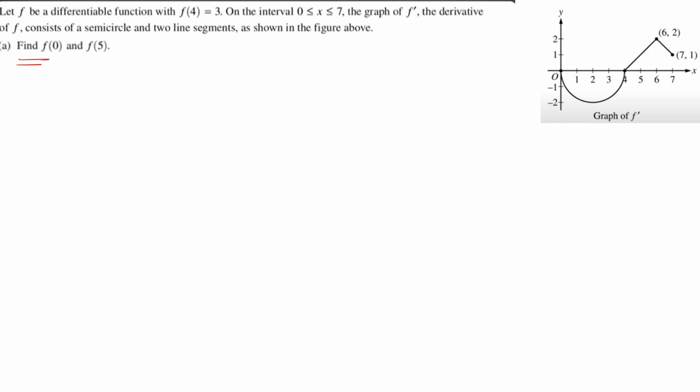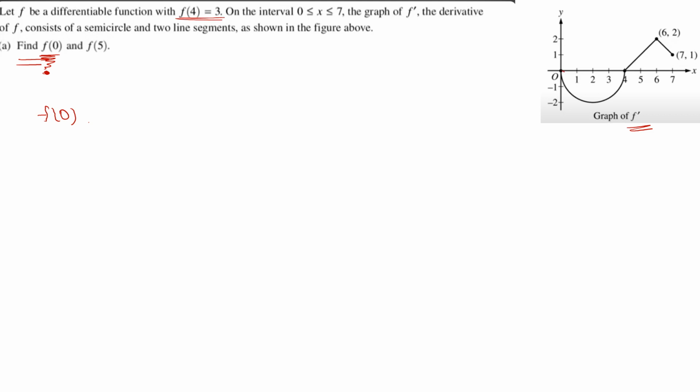Remember that here is the graph of f prime. It means the derivative graph is given and you have to find the value of the function at 0. In order to find f of 0, I will use my given value f of 4.